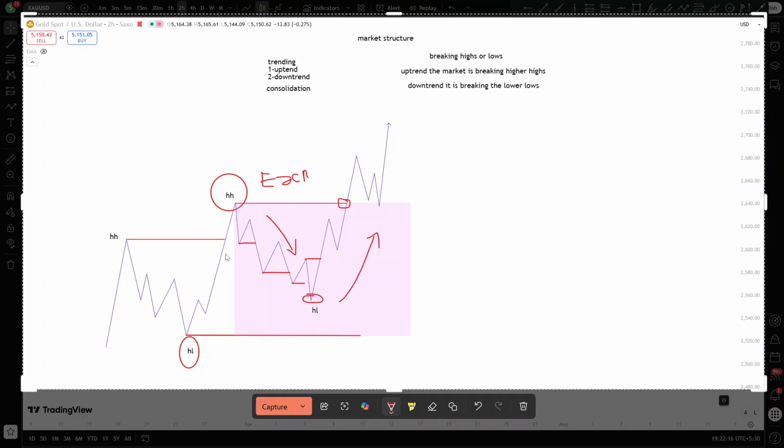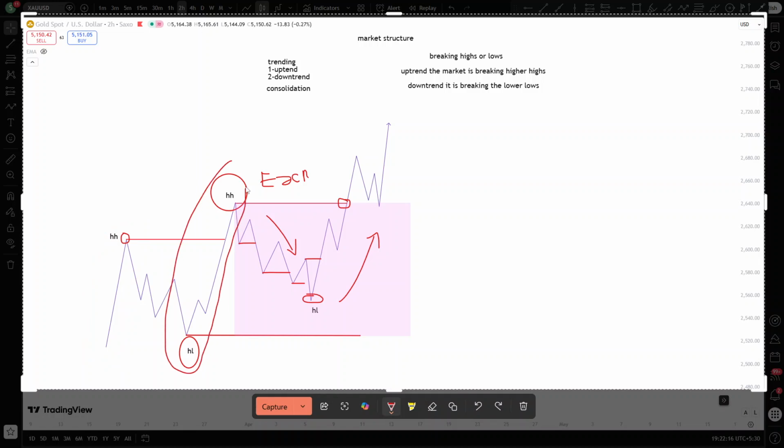So we are talking about the internal structure and the external structure. Whatever you are seeing from this point to this point is considered to be the internal structure of this range. So this range has this as its internal structure.